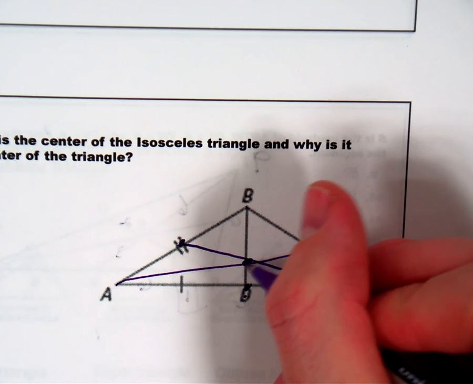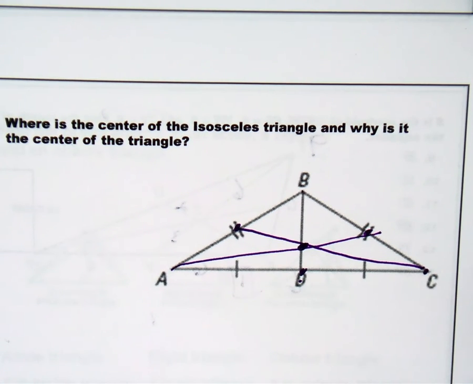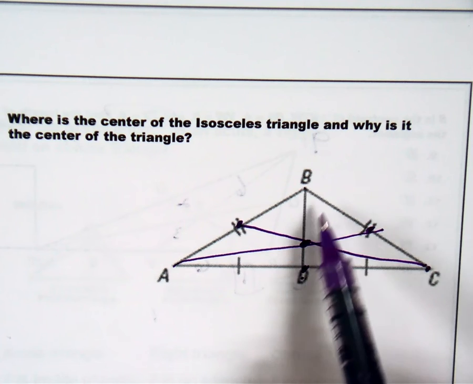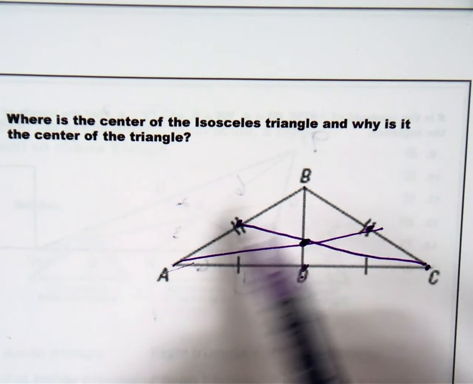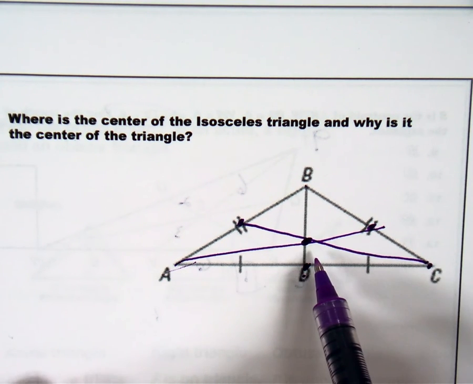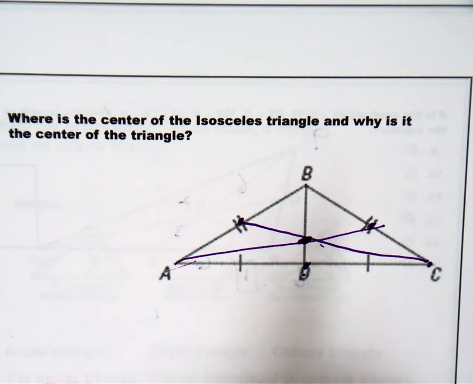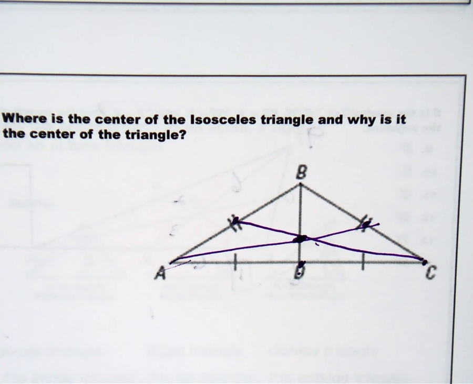Well, it's probably supposed to land right there. So I would say that our center, if you go by the centroid, the center of mass, is going to be on, for the isosceles triangle, a perpendicular bisector. It's going to be right here down the middle, on the perpendicular bisector of the vertex angle side there.